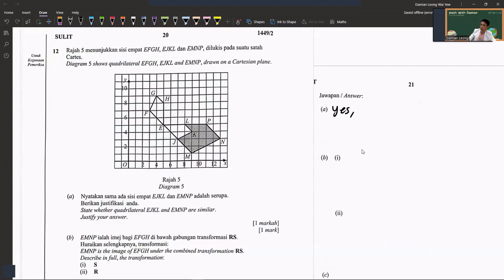Actually, no. Let me see. Angle JEL both also shares. So I can't really, maybe angle EJK equals angle EMN.